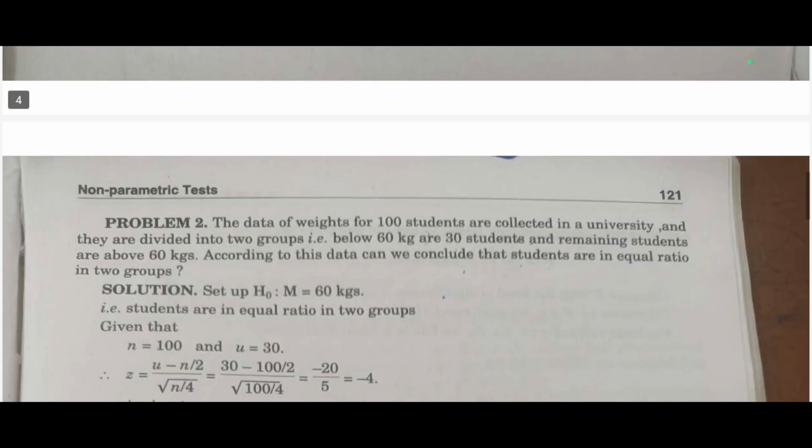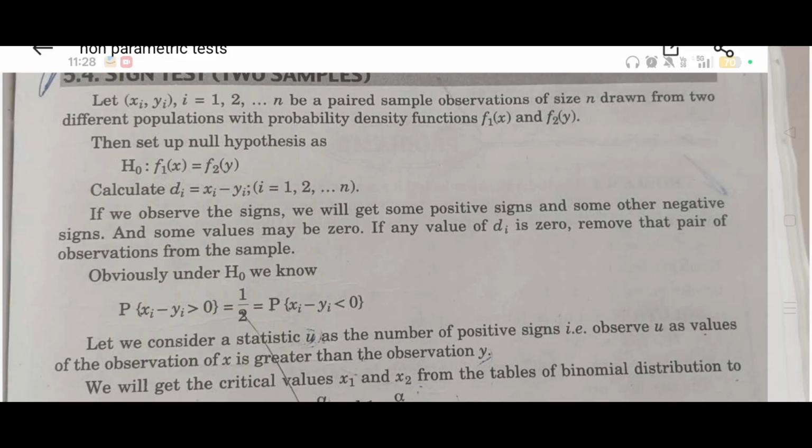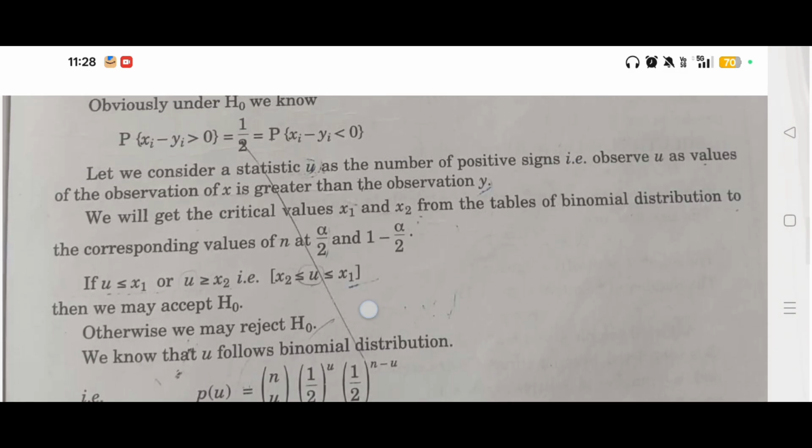Similarly, we have the sign test for two samples. Here we are not going to calculate the median. We are going to compare directly the two series of the given data. If the first observation is less than the second observation, then the symbols are assigned accordingly, giving a sequence of letters and symbols.